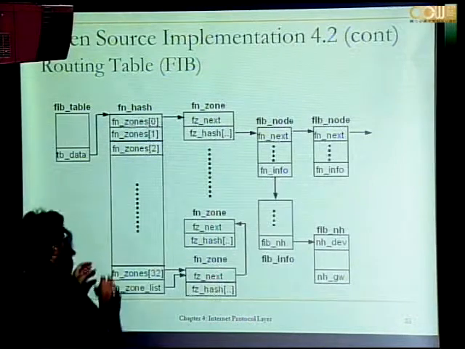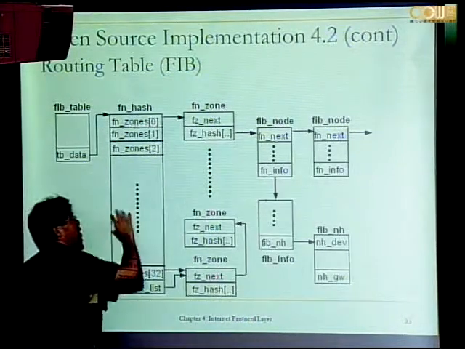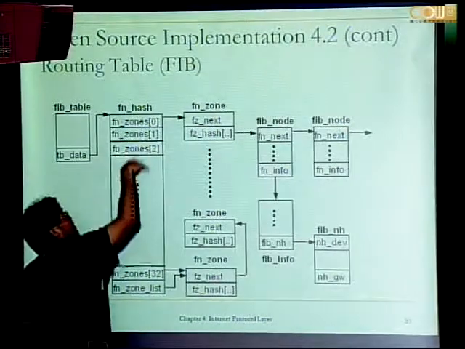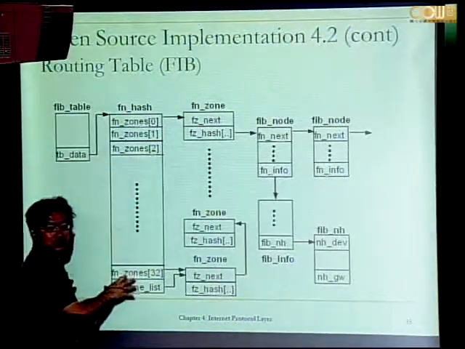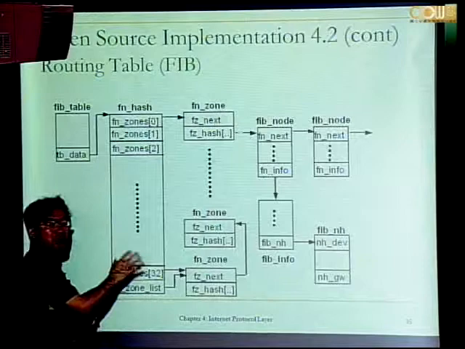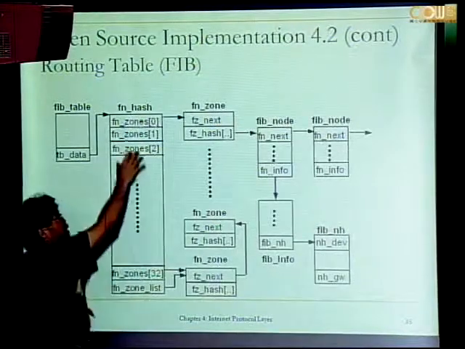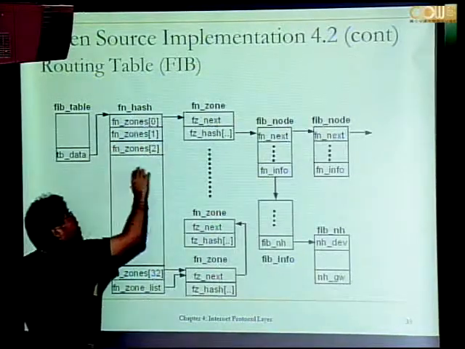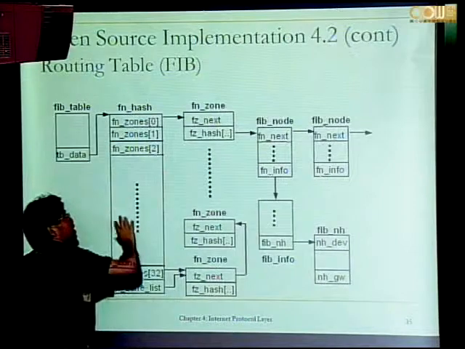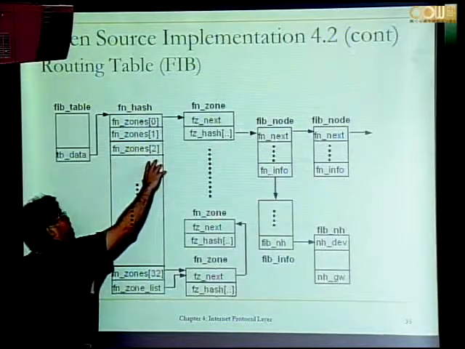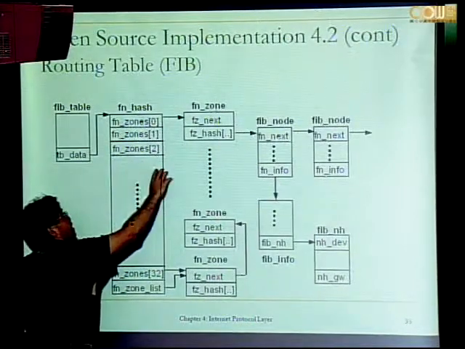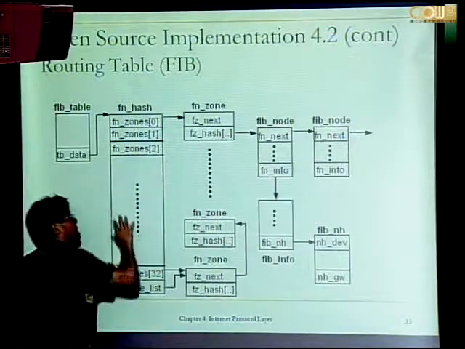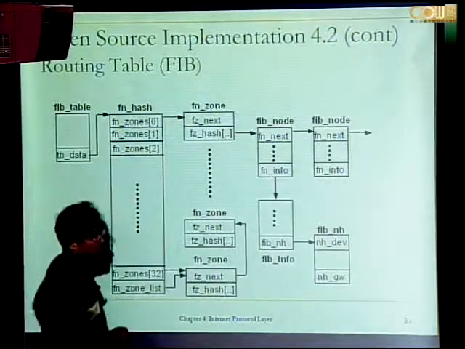So most of the entries here are null, meaning that they don't have routing table entries there. But most routing table entries are distributed among prefix lengths of 16 to 24. Okay.